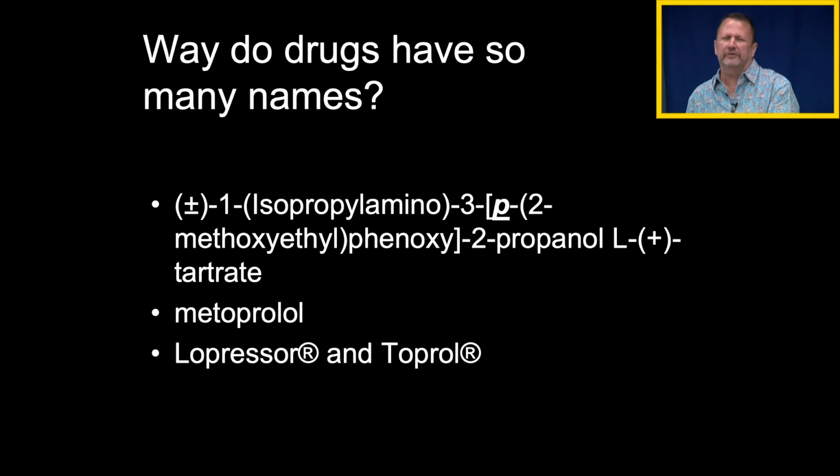Now, they'll tell you there's some difference, but in a different factory at a different company, they make exactly the same metoprolol, and they call it toprol. That'll be easy to remember that that's metoprolol. And so low pressor and toprol are exactly the same drug with two different names depending on the manufacturer. And again, these trade names are intellectual property owned by the drug company. The word metoprolol is a standardized name given to this chemical substance right here.